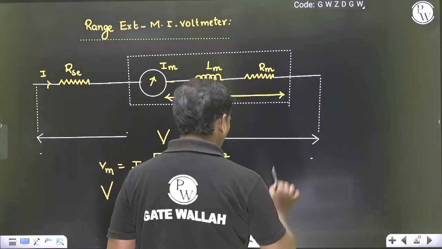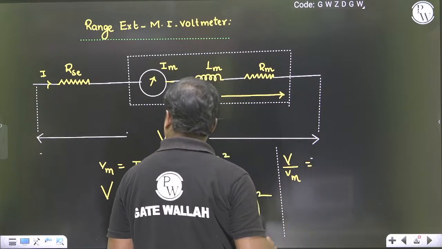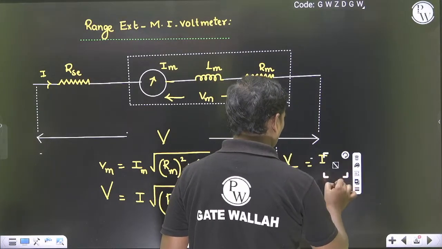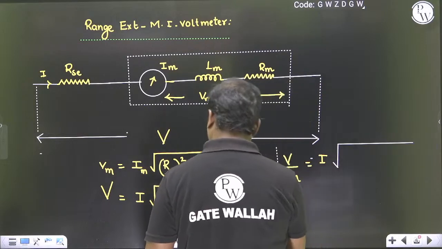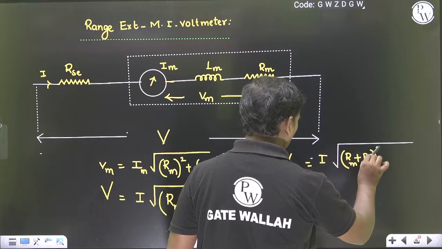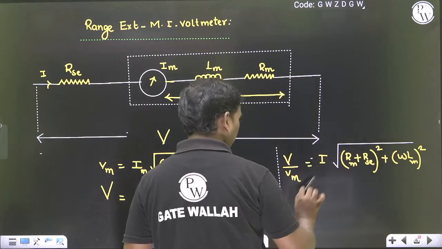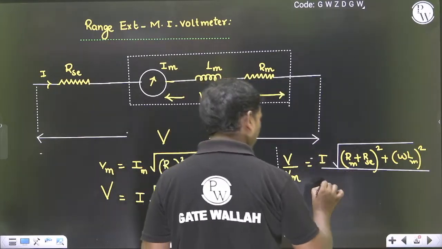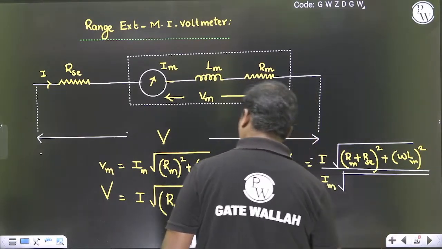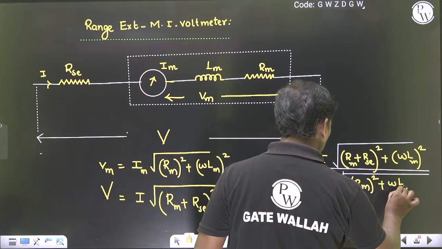So capital V by small Vm is equal to the square root of Rm plus Rsc whole square plus omega Lm square, divided by Rm square plus omega Lm square.